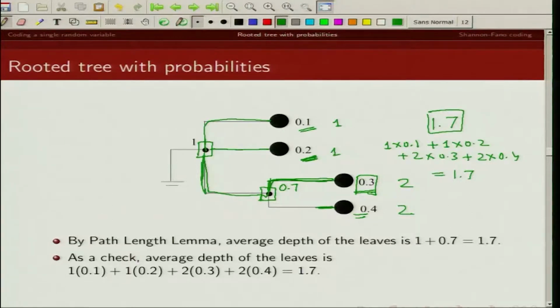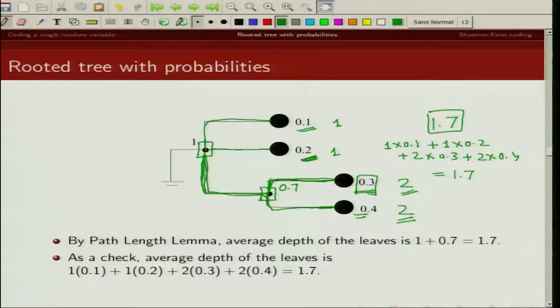Similarly, this particular leaf appears in the sum of probabilities of this node as well as the root node, which is precisely the depth of this leaf. So you can see from the path length lemma, by summing up the probabilities of all the nodes including the root node, we can find out the average depth of leaves.